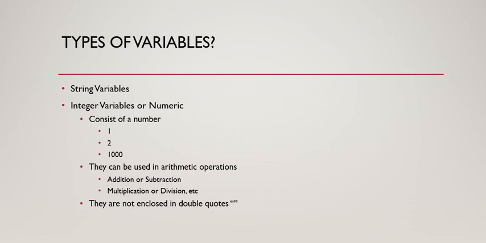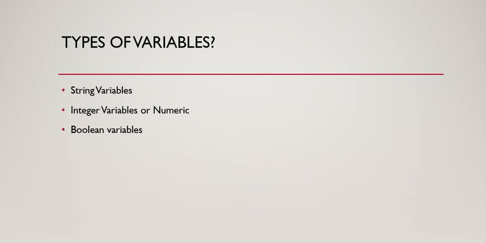And they are not enclosed in double quotes. The third one are Boolean variables. So they only contain two values, which is either true or false. And they are commonly used in conditions.